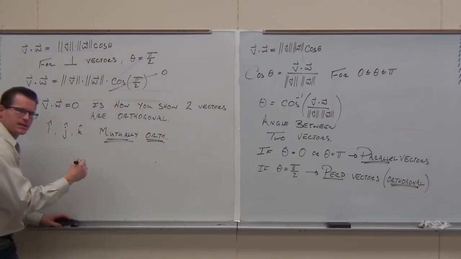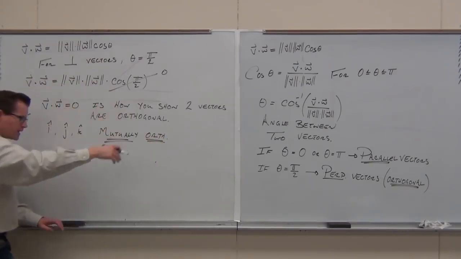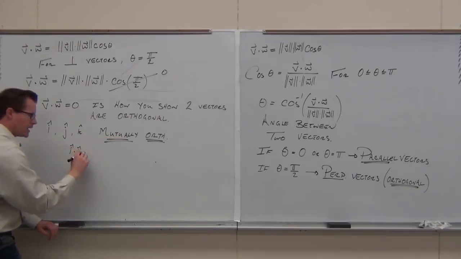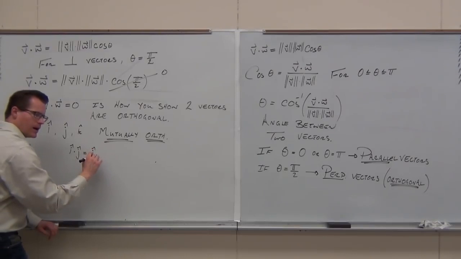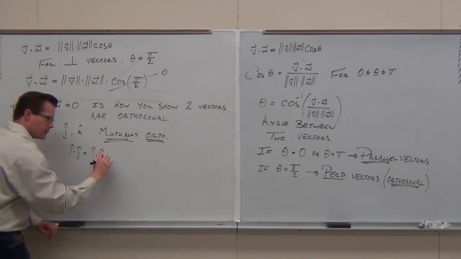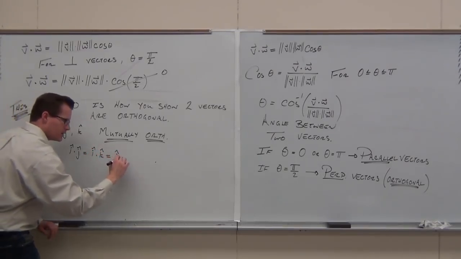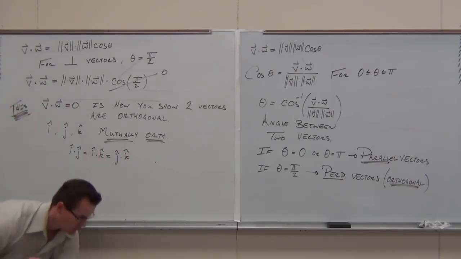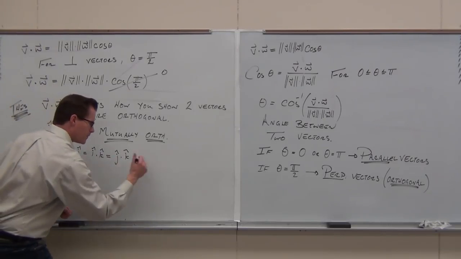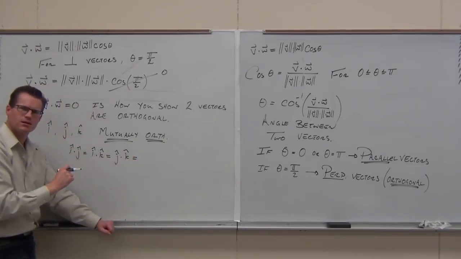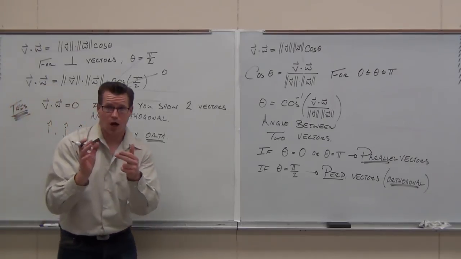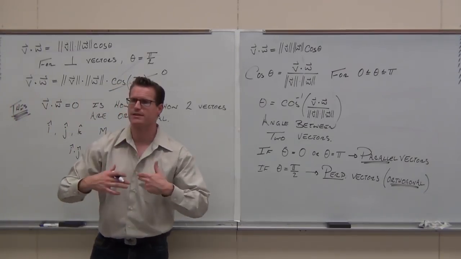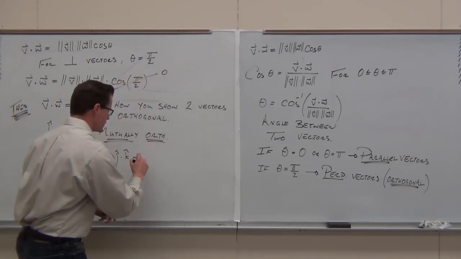It all comes down to this: if you ever dot product I with J or I with K or J with K, and I'm not doing the reverse because we have commutativity, what are you going to get again? 0. If you ever dot product vectors that are perpendicular, you have to get 0. In fact, that's how we prove that vectors are perpendicular.